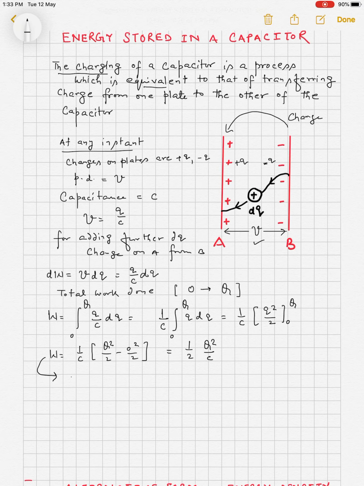So the first relation is U equals half Q square upon C. When we put Q equal to CV, where small v is the intermediate potential and capital V is the final potential, this equation becomes U is equal to half C square V square upon C. C is cancelled out, so it becomes half CV square. So the second formula is half CV square.